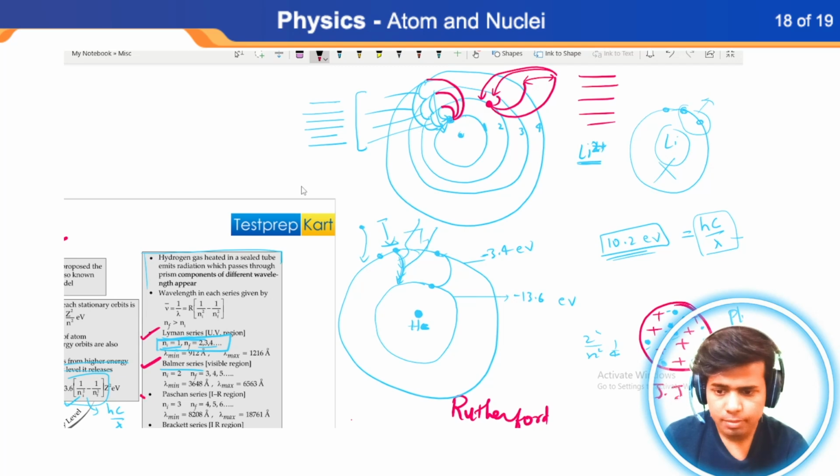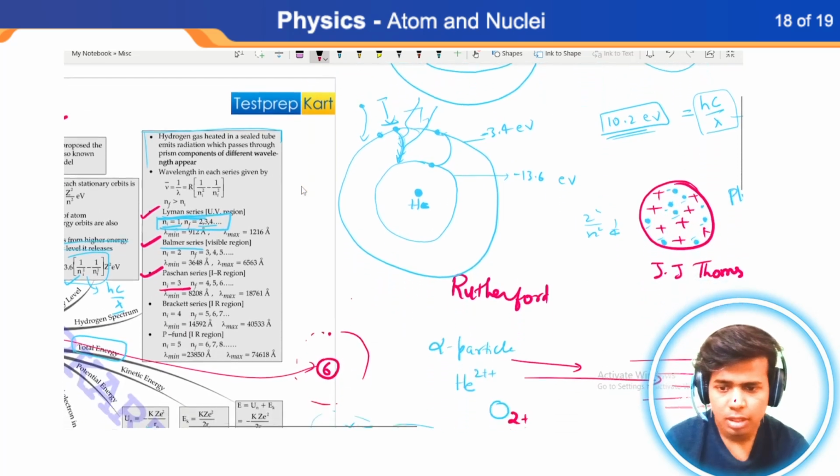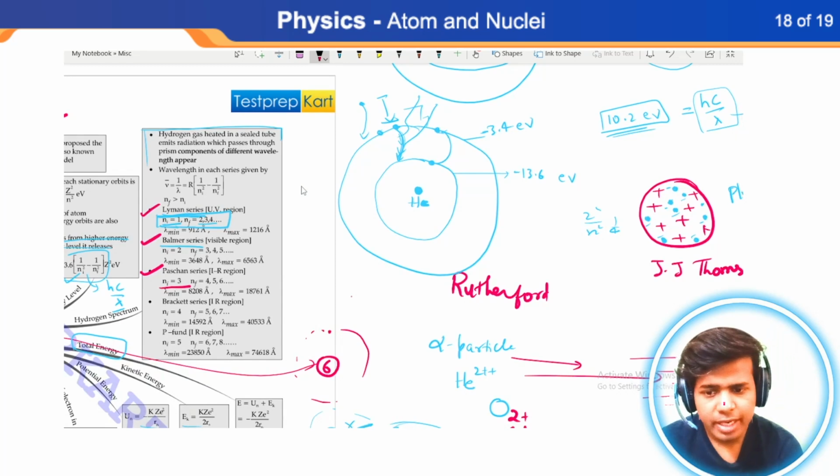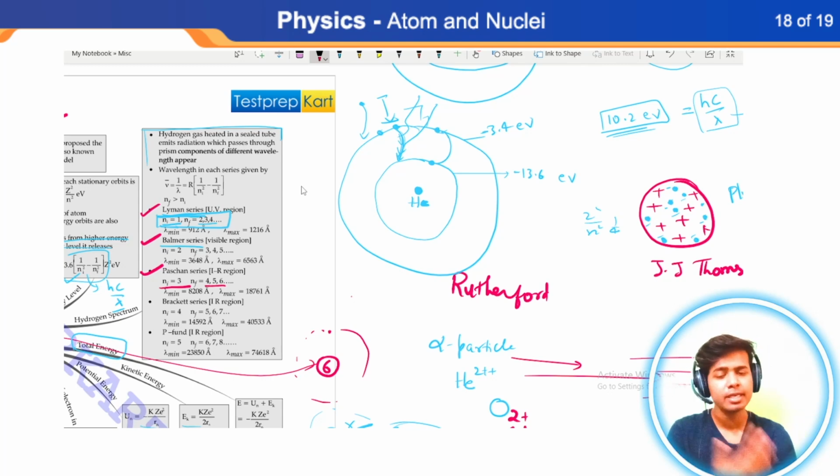Paschen series, from third shell, everything having the same. So if you're getting excited from the third shell, you'll get to the higher shell, right? You'll not get excited and go to a lower shell.